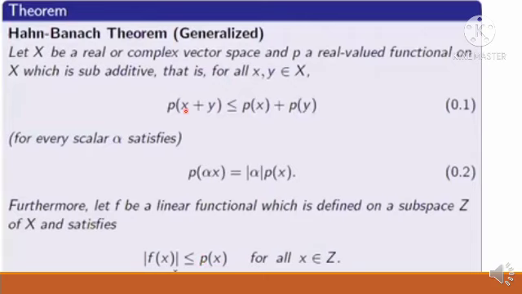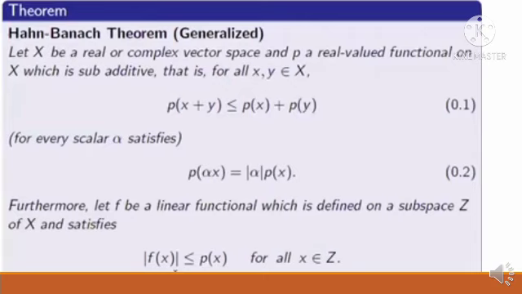For the Hahn-Banach theorem in generalized form, we need two things. First, a real valued functional which is subadditive and defined on the vector space X, and second, a linear functional which is defined on Z and also bounded above by p of x, which is subadditive, a sublinear functional.